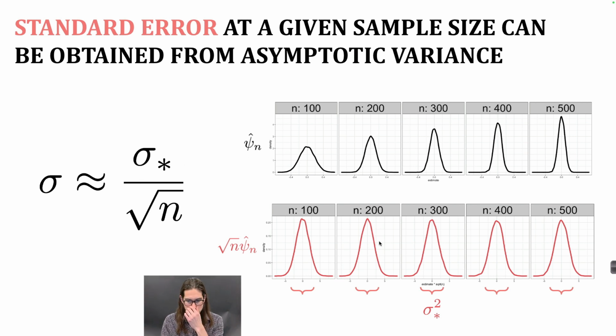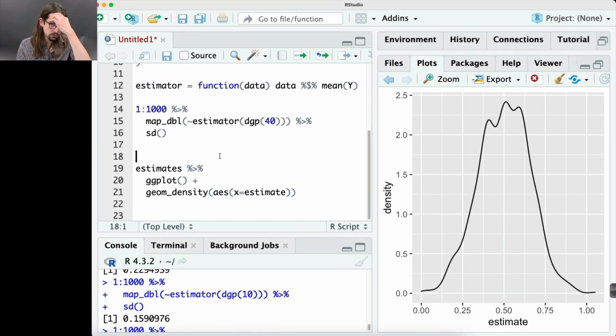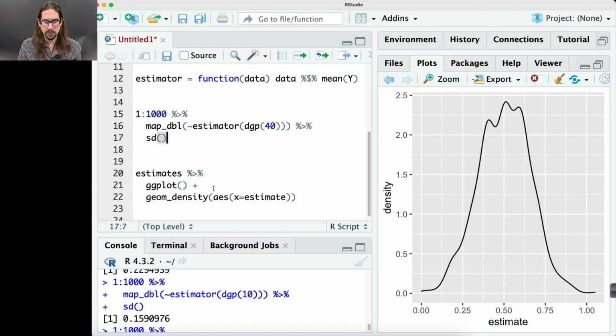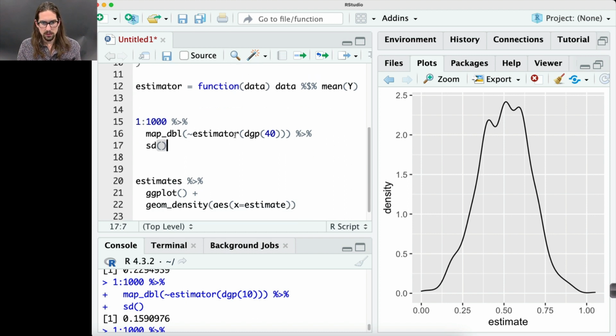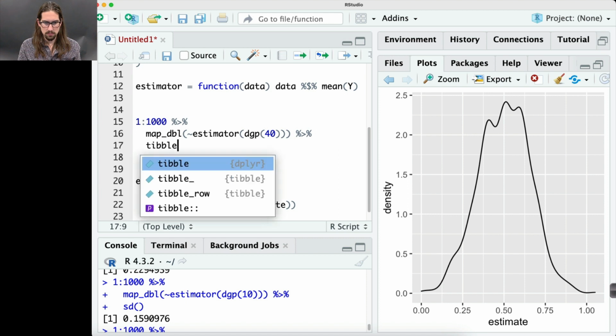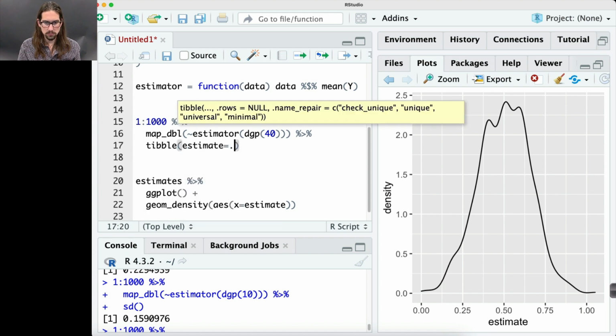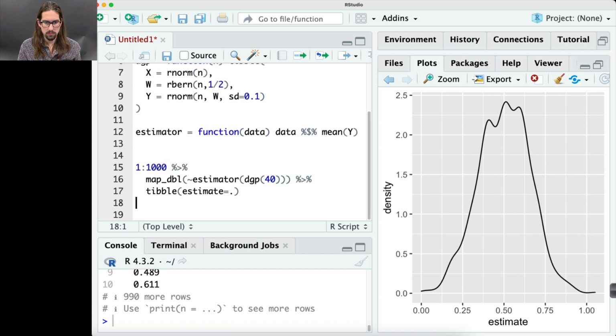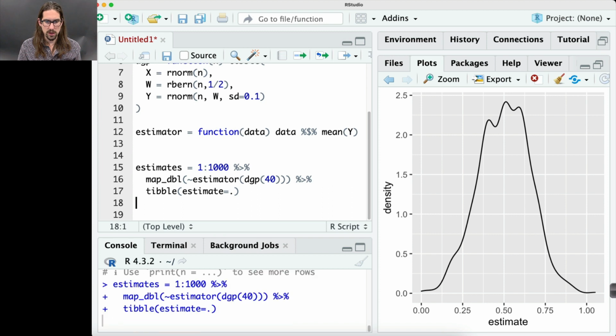Let me show you what I'm doing here in R really quick, for those who are curious. Here I was getting the sampling distribution for a given sample size.